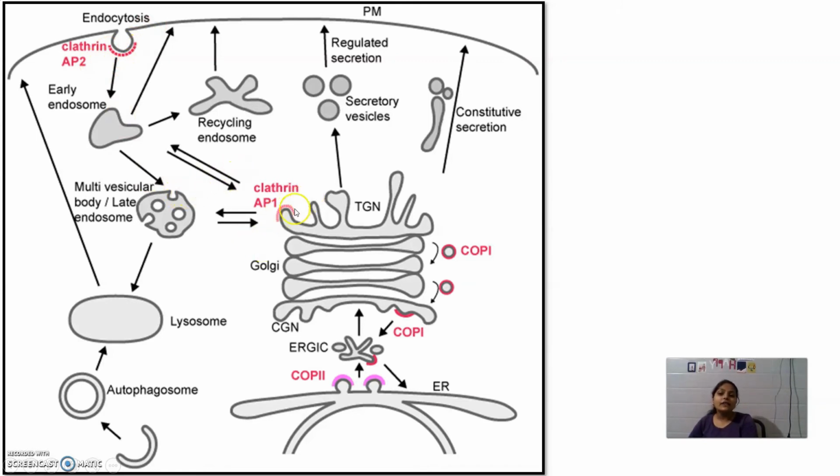The ones arising from the Golgi have the clathrin AP1 type of coating, and the ones arising from the plasma membrane have the clathrin AP2 type of coating.